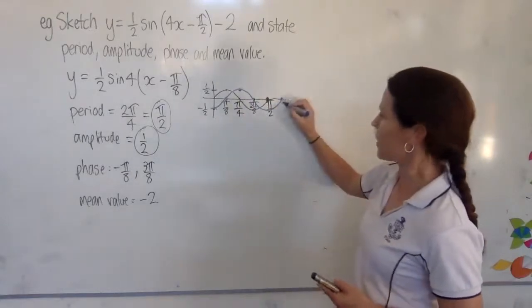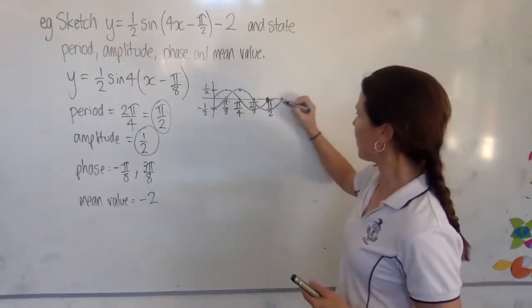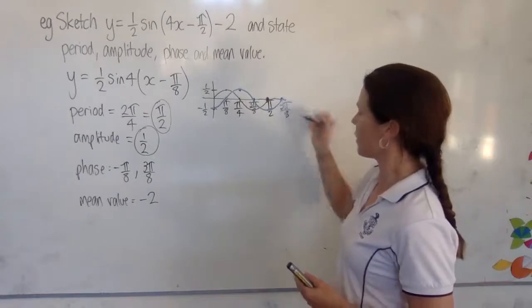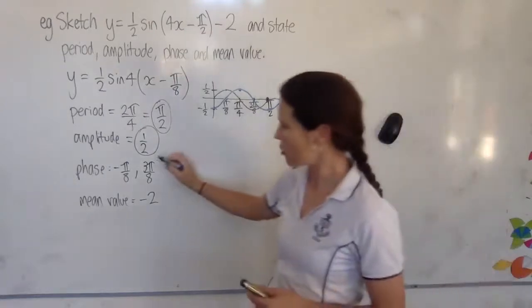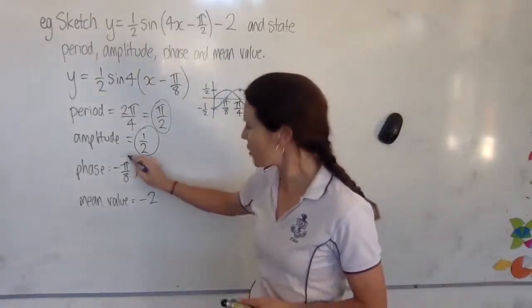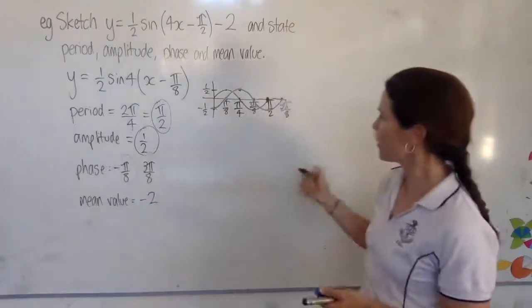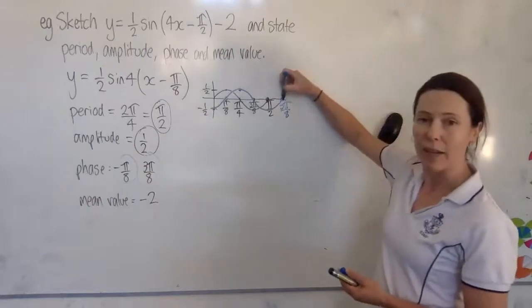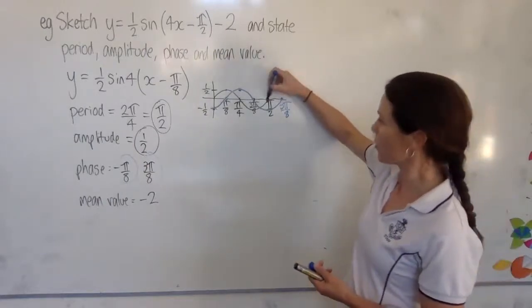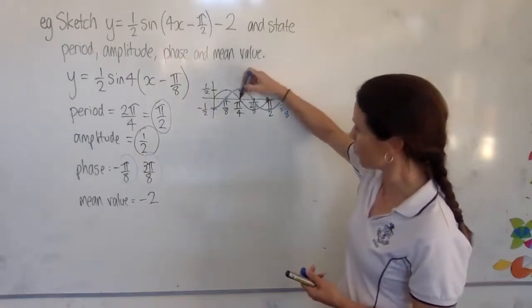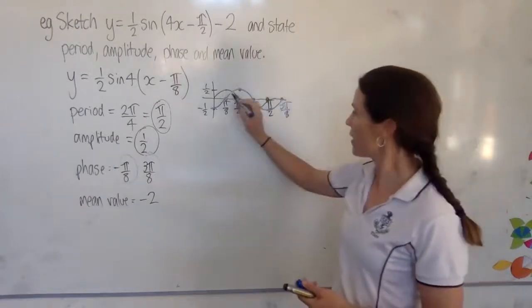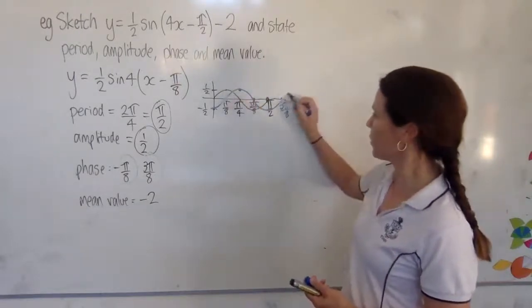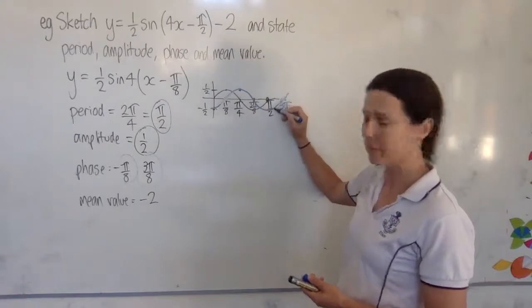And I've got another point out here that I've made, which will be 5 pi on 8. So I've made my shift. And just to double check which one of these you used, if we'd moved our point instead of going 1/8 to the right, if we'd instead gone 3/8 to the left, 1, 2, 3, it's going to end up in the same part of the curve, no matter what.